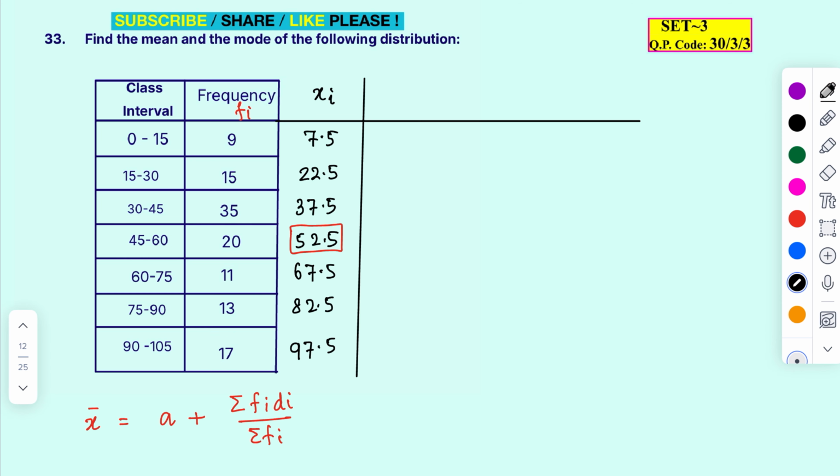That means you assume the mean A is equal to 52.5. What is di? Di is equal to Xi minus the assumed mean. Now we will get Xi minus A.